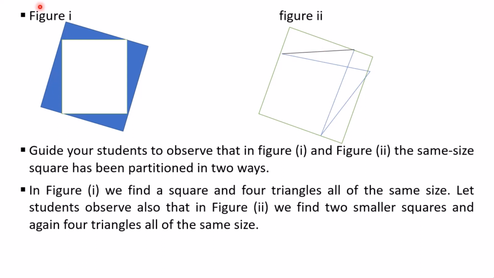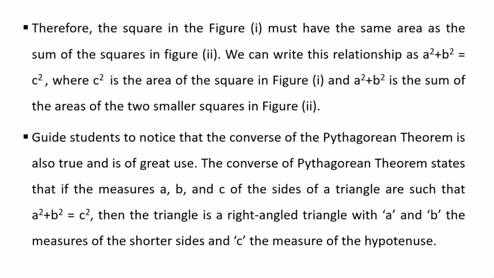Therefore the square in figure I must have the same area as the sum of the squares in figure II. We can write this relationship as a squared plus b squared equals c squared, where c squared is the area of the square in figure I, and a squared plus b squared is the sum of the areas of the two smaller squares in figure II.